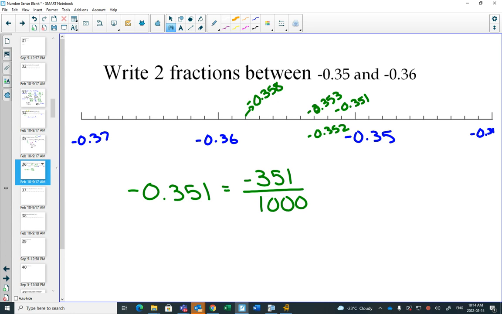And another one I could pick, negative 0.352, which would be negative 352 over 1,000. And that fraction I could reduce, but in this question it just said to list two fractions in between, so technically, even though it's not reduced, that is a right answer for this one as well.